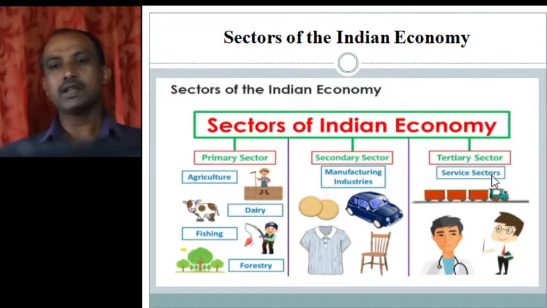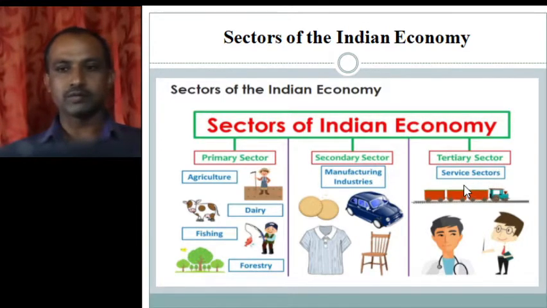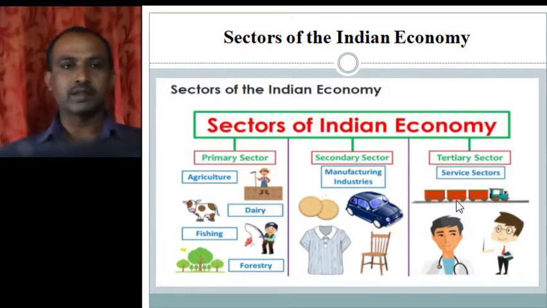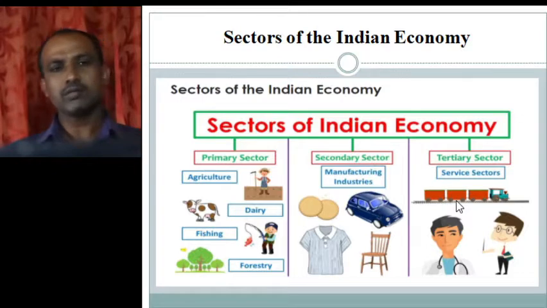And then the tertiary sector, that is the service sector, which includes transportation and various types of services, like banking, insurance, and services from lawyers, engineers, doctors, teachers. So many services come under this category.